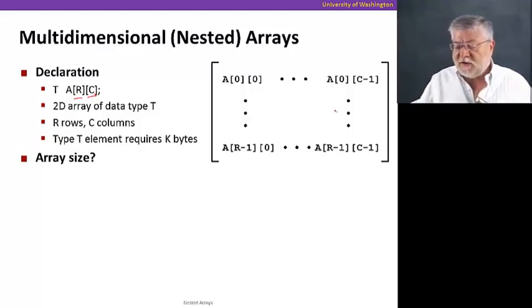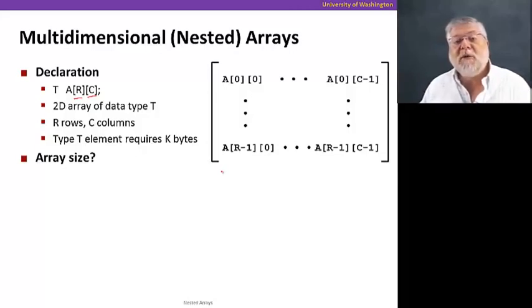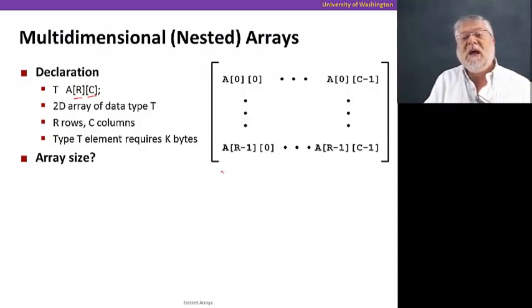That's going to generate that 2-dimensional array as we've seen in the previous example with R rows and C columns. Each element of that array is going to require K bytes to represent whatever the size of that element is. In the case of the digits, it was a simple integer. It was just 4 bytes, but that could really be any data structure.